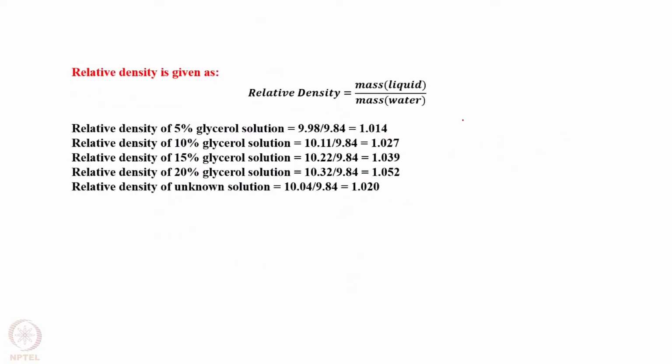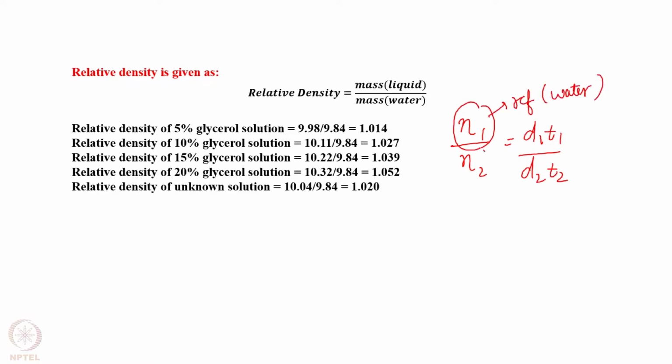We already said that the ratio of viscosity of two different liquids can be written as eta 1 by eta 2 is equal to d1 t1 by d2 t2, where eta 1 is the viscosity of our reference liquid, which is water here, and eta 2 is the viscosity of our sample which we want to obtain. d1 is the density of water, and d2 is the density of the unknown sample whose viscosity we want to determine. t1 and t2 are their respective flow times.